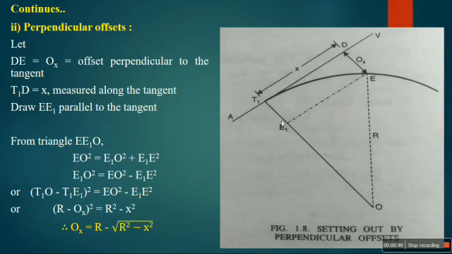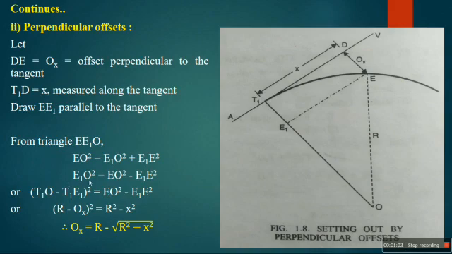From triangle E1EO, we have to apply the Pythagoras theorem. So EO square is equal to E1O square plus E1E square. I can write it like this: E1O square is equal to EO square minus E1E square.